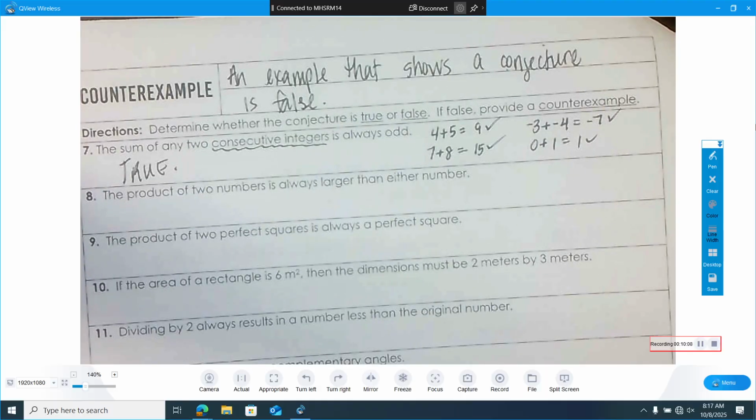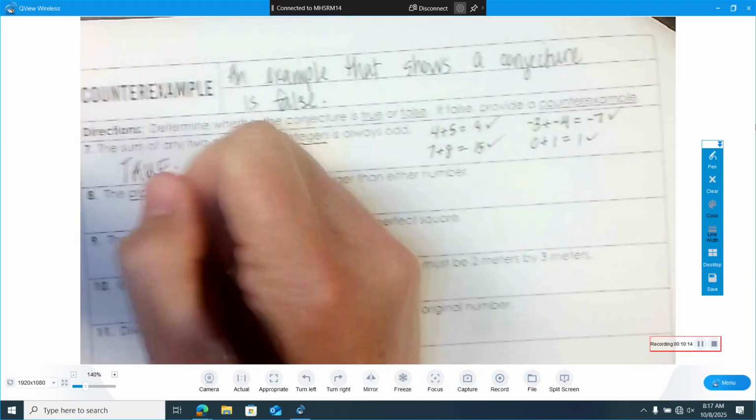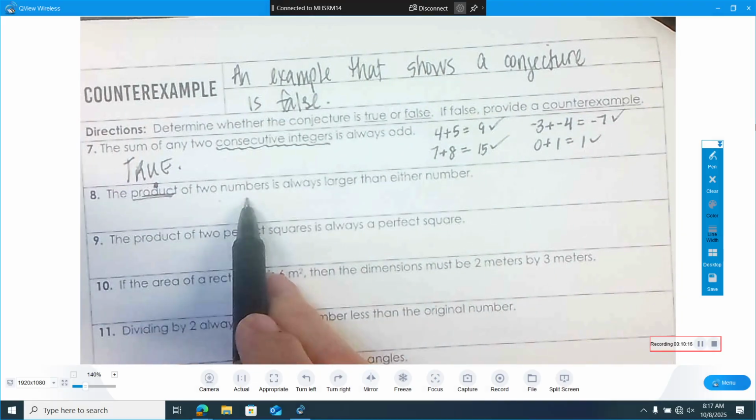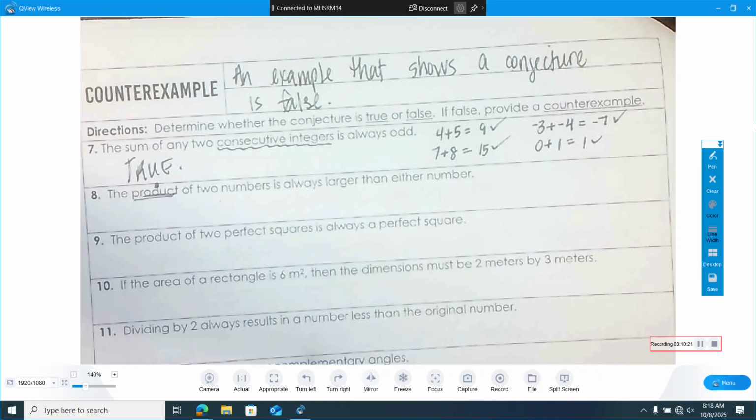Okay. Let's look at 8. The product of two, what's product? Multiplication, good. So multiplication, the product of two numbers is always larger than either number.